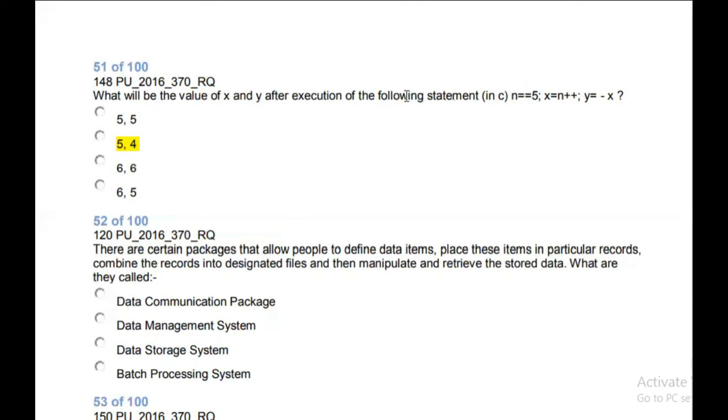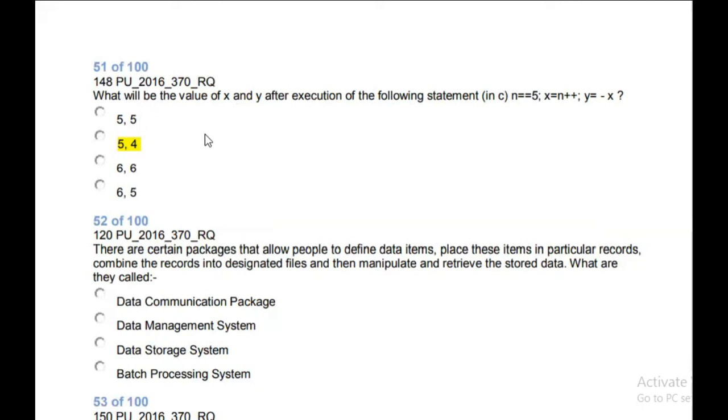Then y = --x, where the decrement operator is in front, so the value is first decremented, x would be 4, and then assigned to y. So y has 4 and x has the value of 5.